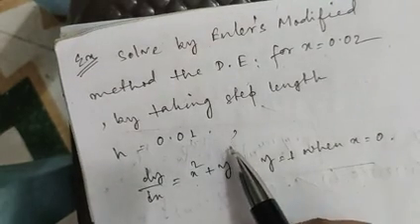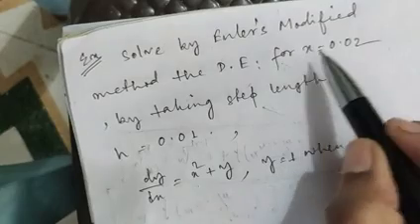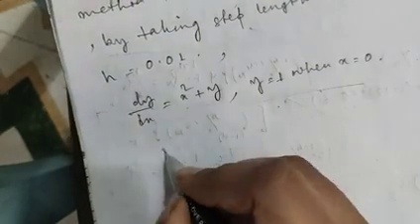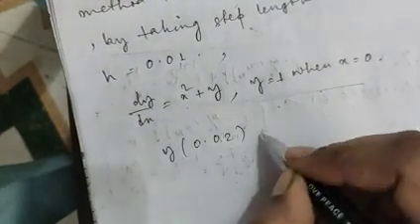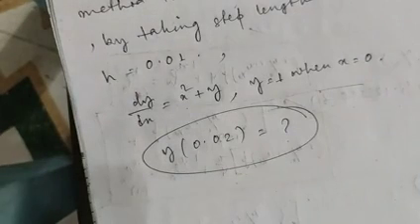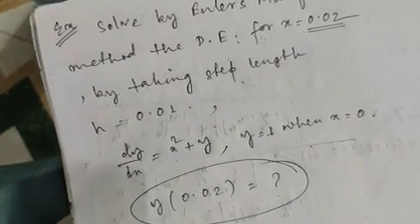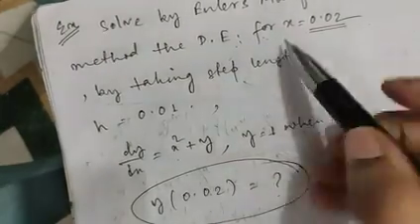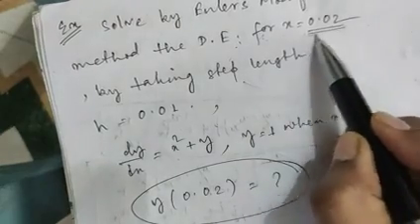Okay, that means actually we need to find out the value of y(0.02). This is our required thing, because we need to find out the value of the differential equation. Now the value of the differential equation means the value of y for x equals this value.